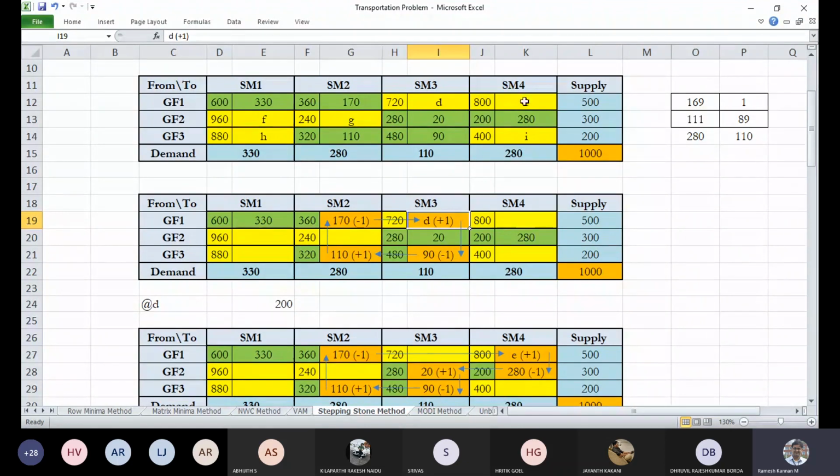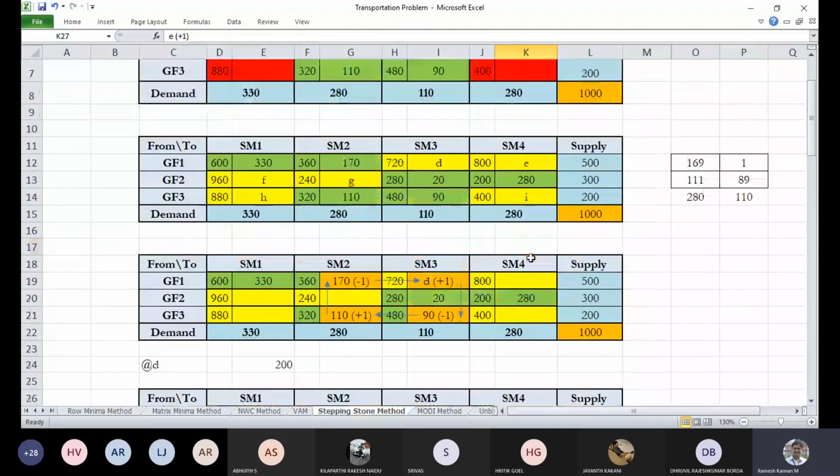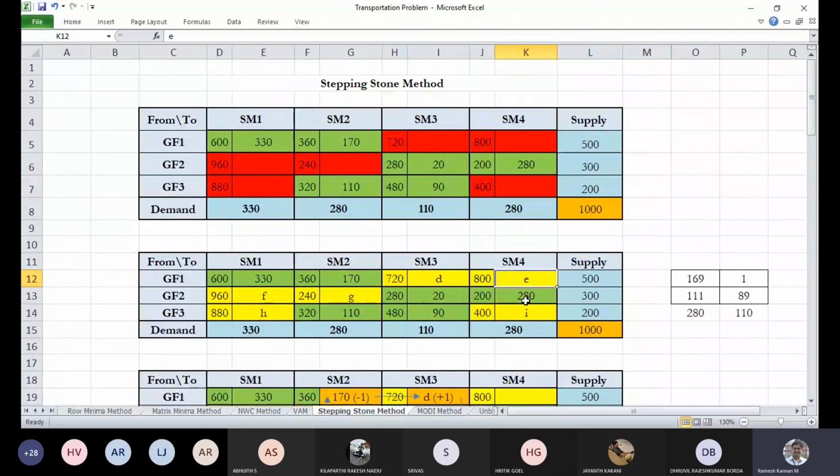What happens if we allocate to this particular unallocated cell, called E, right? So we need to form a closed loop. How do we form a closed loop here? If I come back to this here, there's no other value to have a loop here.